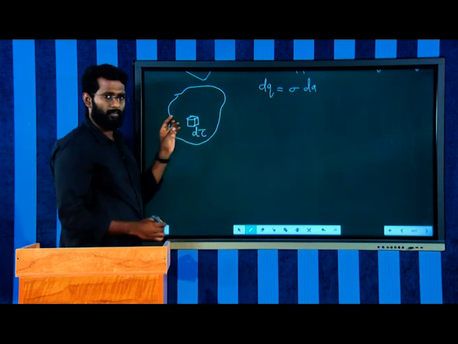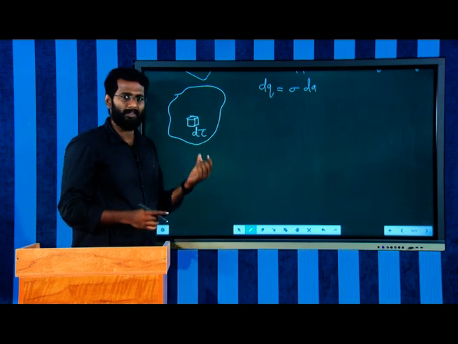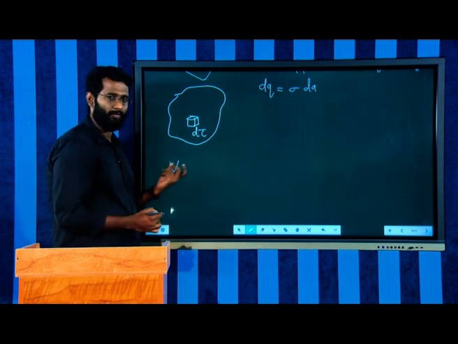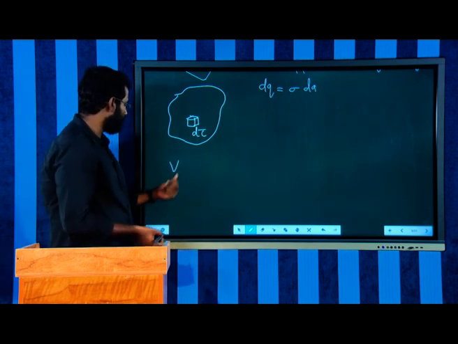Okay. We use tau here because usually we use V for volume, but in electrostatics we need V for potentials.